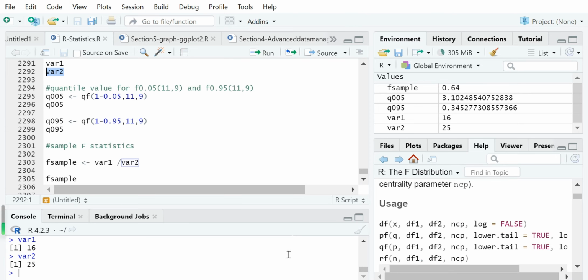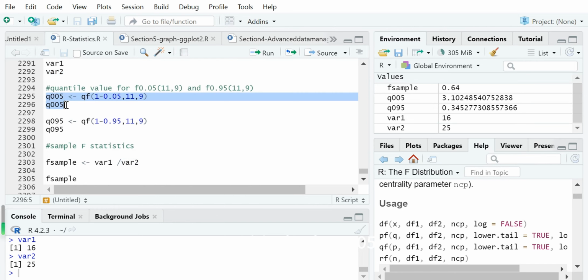So in R, if we want to calculate the critical value, we have to use qf with 1 minus this small area. This is the right side, because the cumulative probability is to the left side of the critical value. So we have to use 1 minus both.